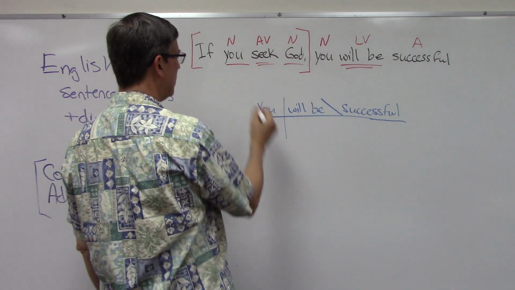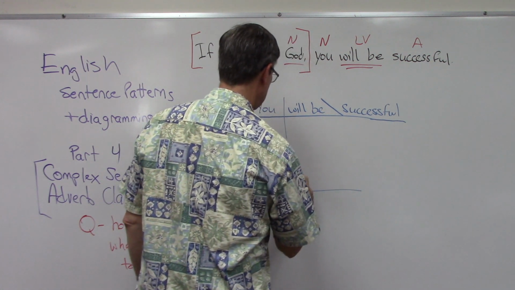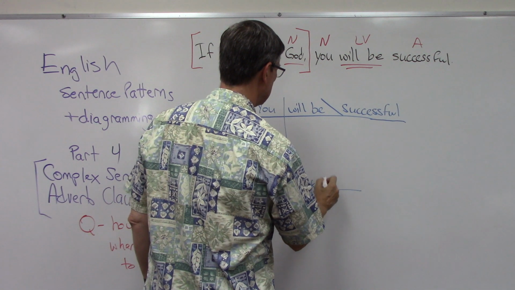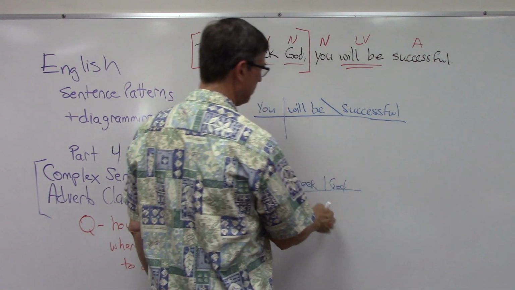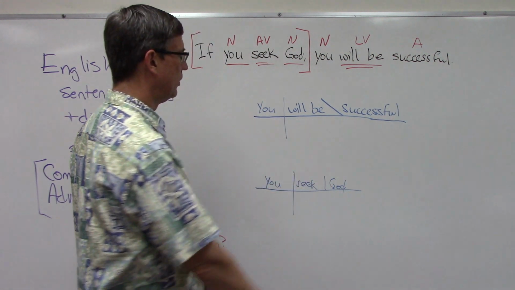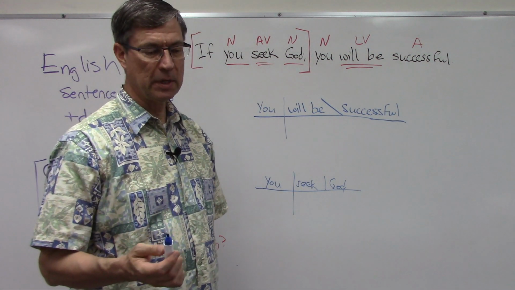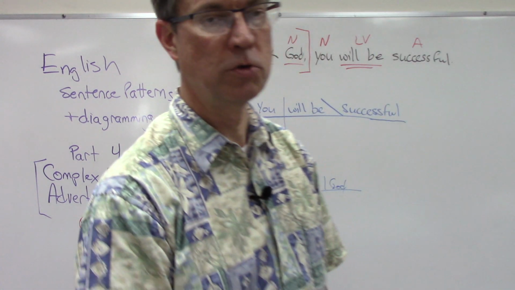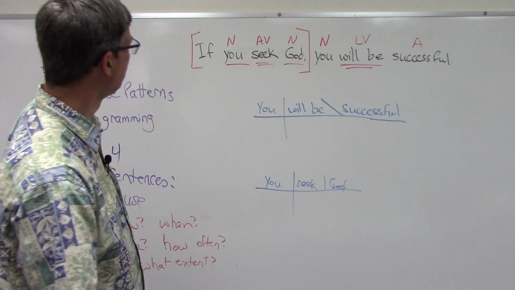Now we're going to take this one and put it underneath here. You seek God, straight up, because this is an action verb. Now here's the thing. In the PACE, I think PACE 1107, they do talk about it in some of the other PACEs as well.